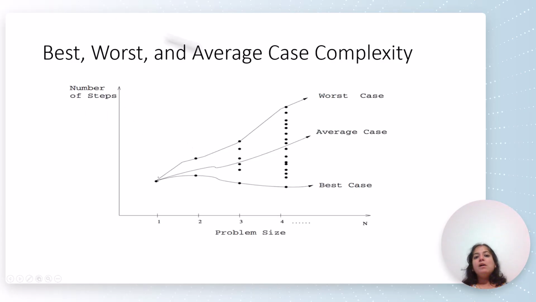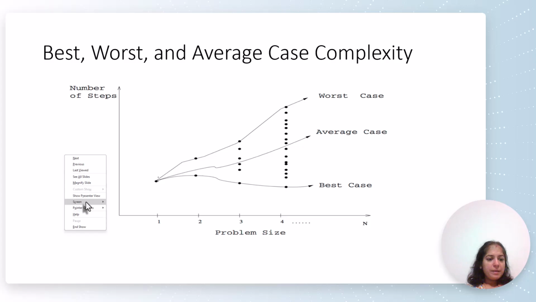So if we draw it in terms of a graph, for problem size 1, your best case, worst case, and average case are all taking the same number of steps. For problem size 2, let me draw using the pen. Yes.